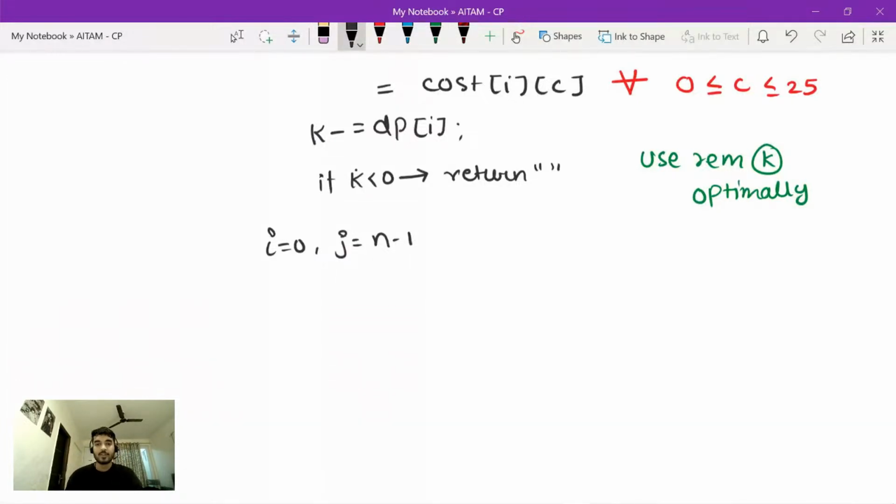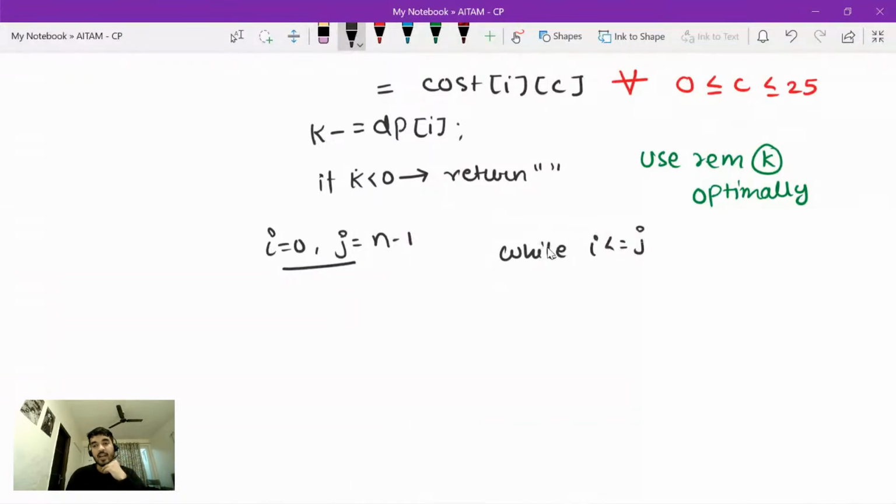Cool. So for every iteration, iterate over all the characters while the value of i is less than or equal to the value of j.